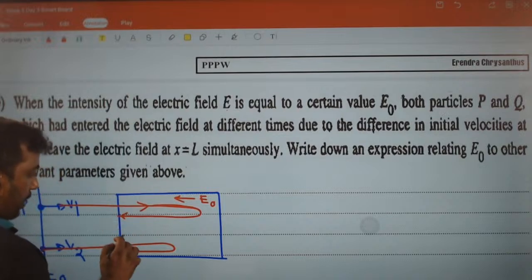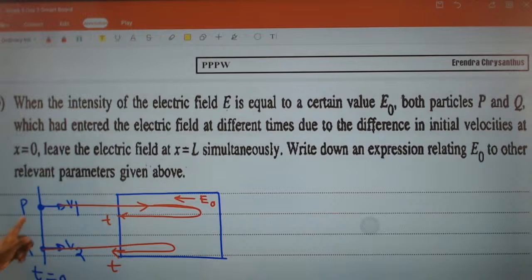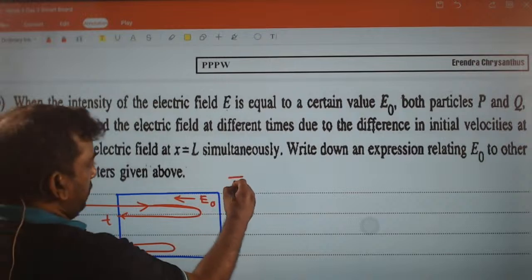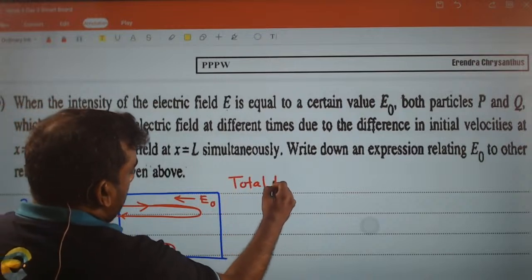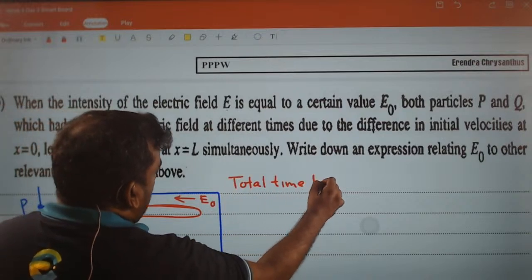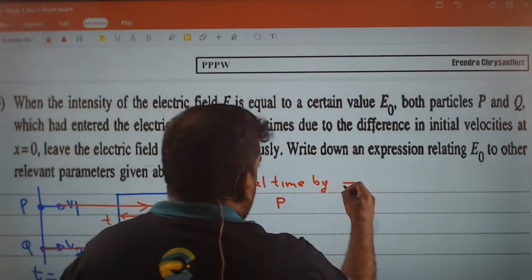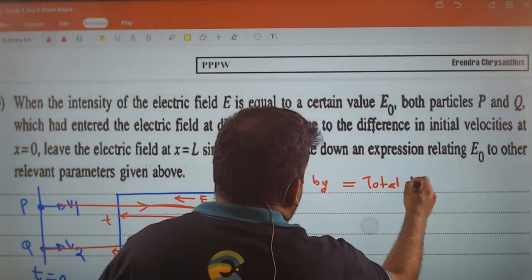When they are coming out, they come together. So total time taken is the same. So total time by P equals total time by Q.